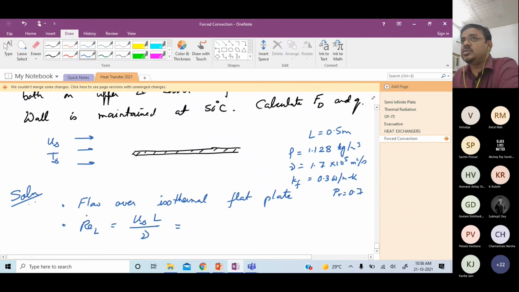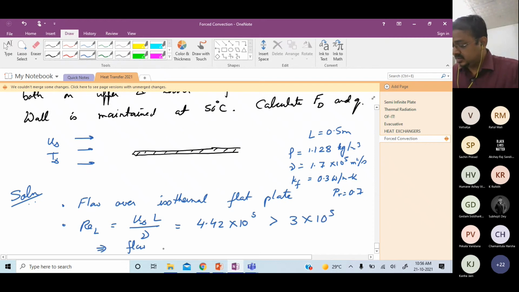If you do these calculations, the Reynolds number, U infinity L by nu, comes out to be 4.42 times 10 to the power 5. So this is greater than 3 times 10 to the power 5, which means the flow is laminar followed by turbulent.